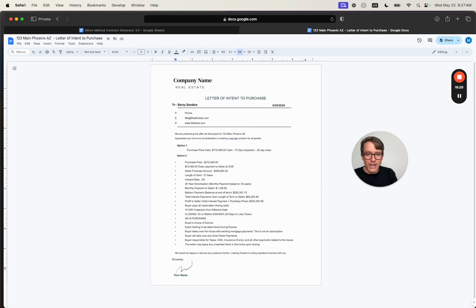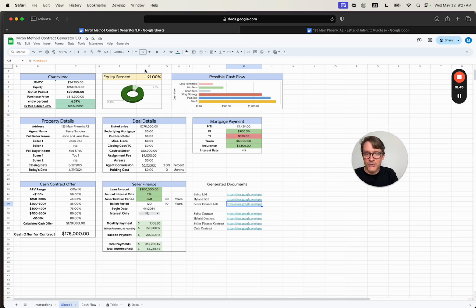Okay, and what does that say? We're trying to paint a picture, right? If you sell on seller finance, you can make 350,000. If you sell cash, it's 175 with us, because I only do 65% cash.